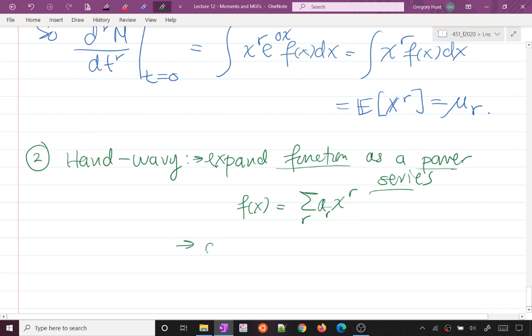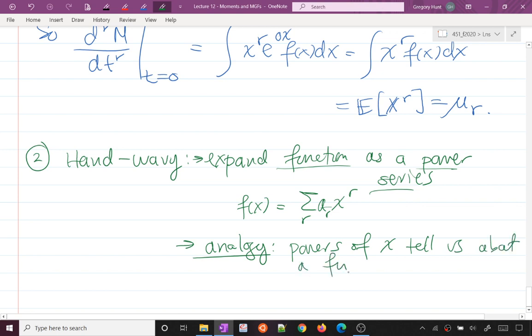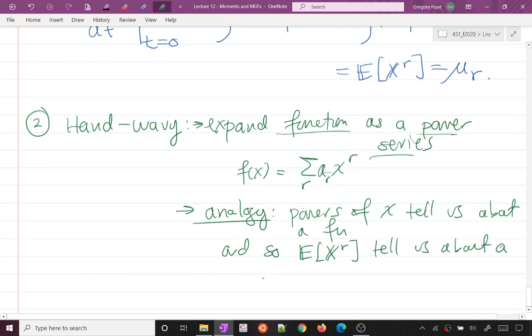And so the analogy is that powers of x tell us about a function, and so the expected value of powers of a random variable tells us about a random variable.